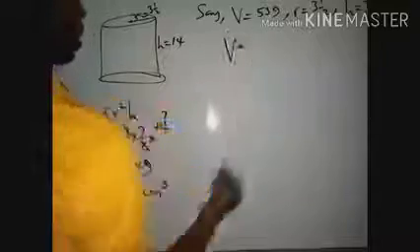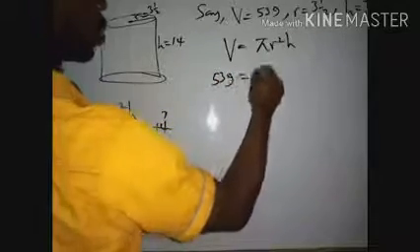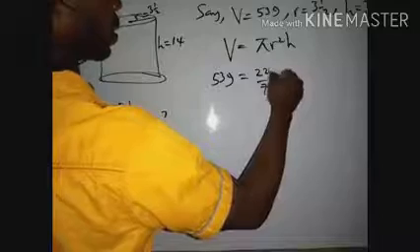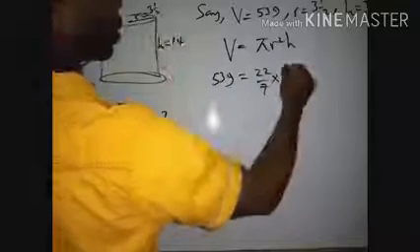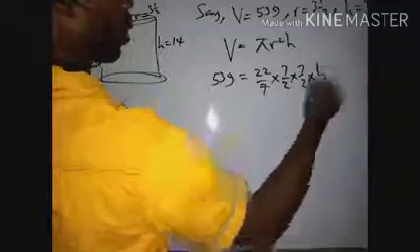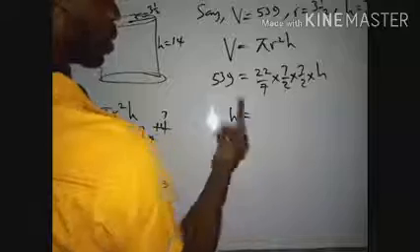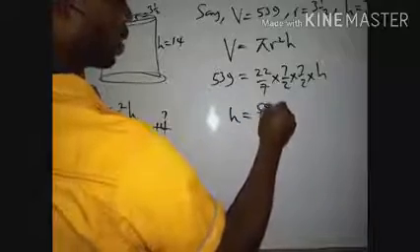You write the formula for a cylinder, pi r squared h, then put the volume you are given, 539, which is equal to 22/7 times the radius given to you. That is 7/2 times 7/2, and the height will become the unknown. So if I'm looking for the height right now, I'm going to cross multiply, and that will give me 539.